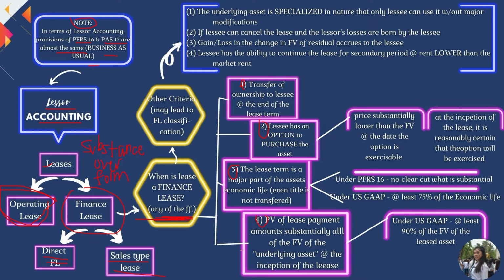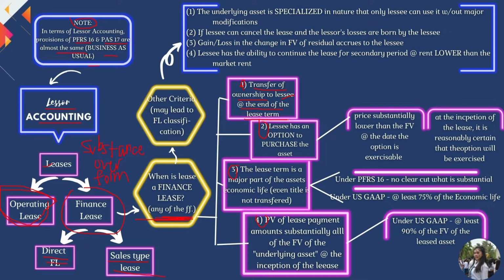Now, let's take them one by one. First, there will be a transfer of ownership to the lessee at the end of the lease term. And when we say transfer of ownership, it means a sale, right?